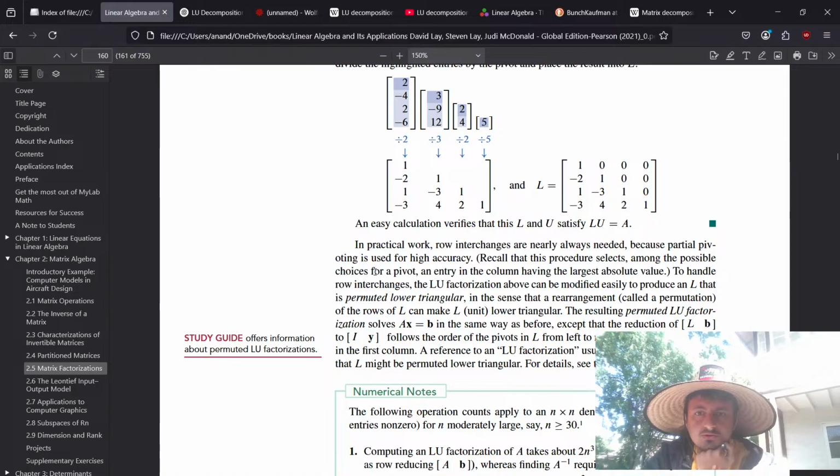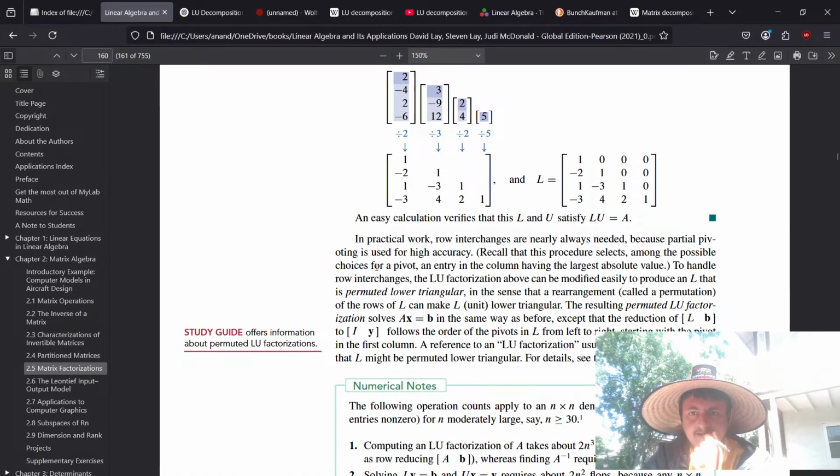In practical work, row interchanges are nearly always needed because partial pivoting is used for high accuracy. To handle row interchange, the LU factorization above can be easily modified to produce an L that is permuted lower triangular, in the sense that a rearrangement of the rows of L can make L lower triangular.